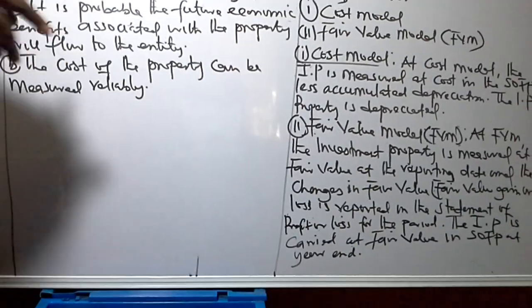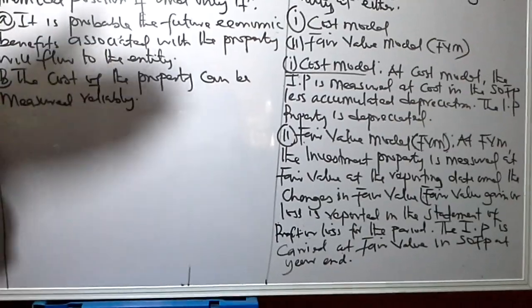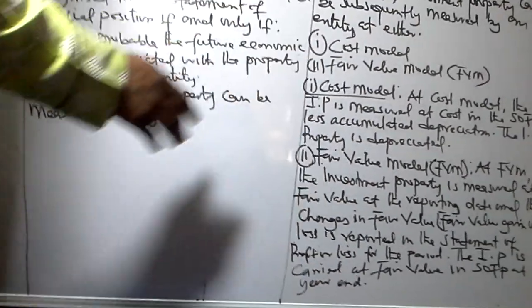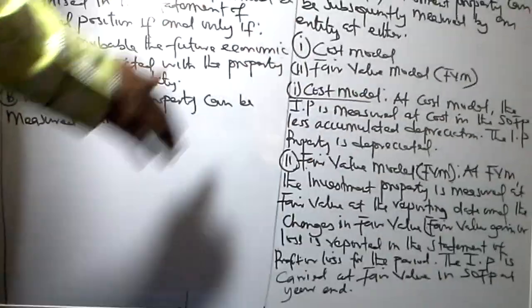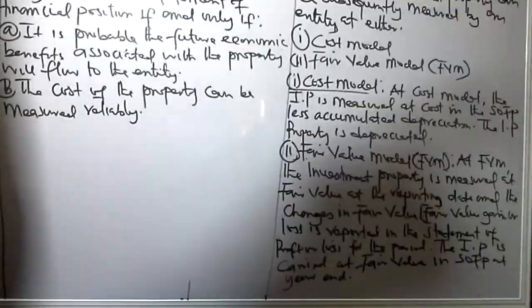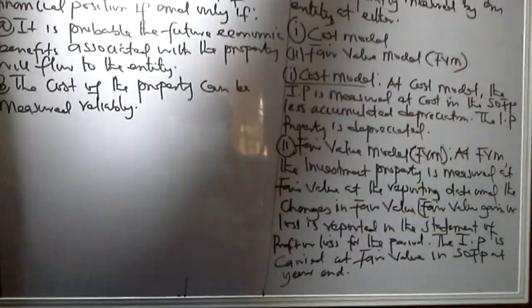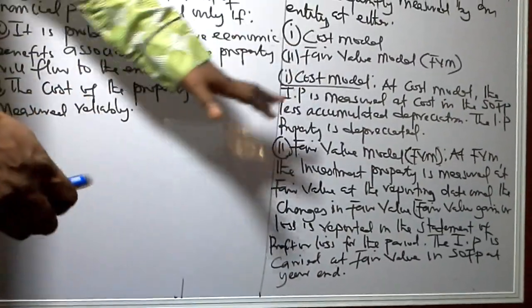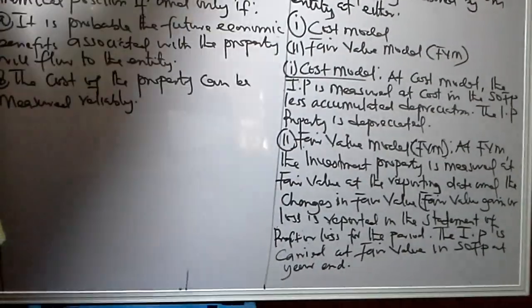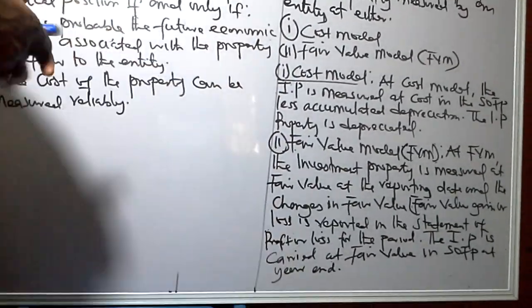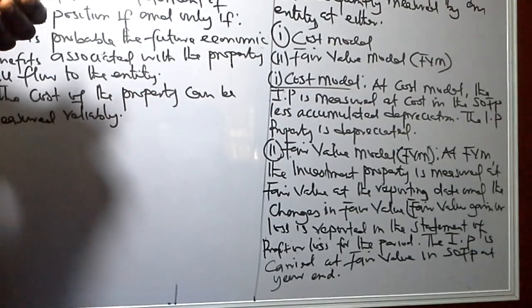Please take note, under the fair value model, you are going to carry that investment property in your balance sheet at the closing fair value. So these are the two methods by which an entity can measure its investment property.